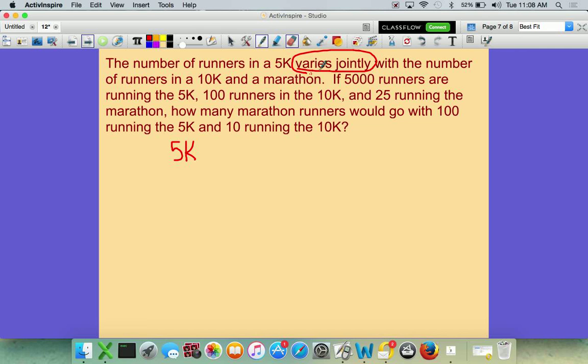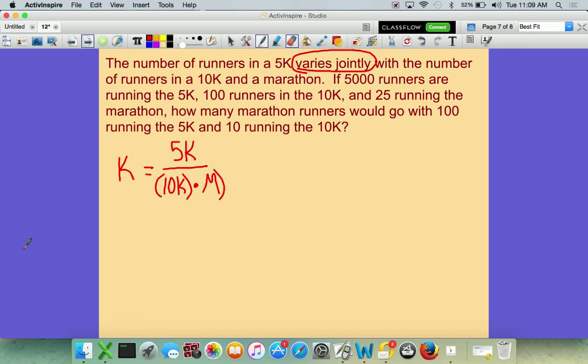Because the 5K is out in front, that goes on top. On the bottom, it's going to be the number of runners in the 10K times the number of runners in the marathon. And that's going to give us our constant here.